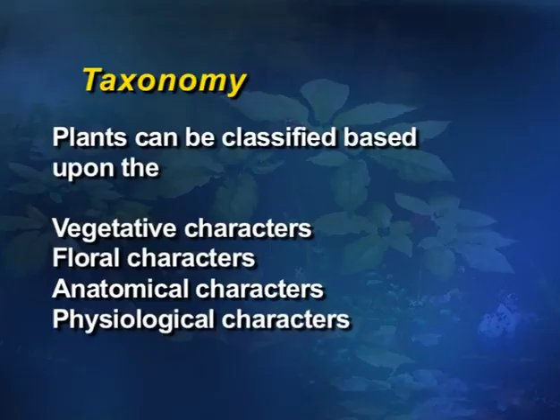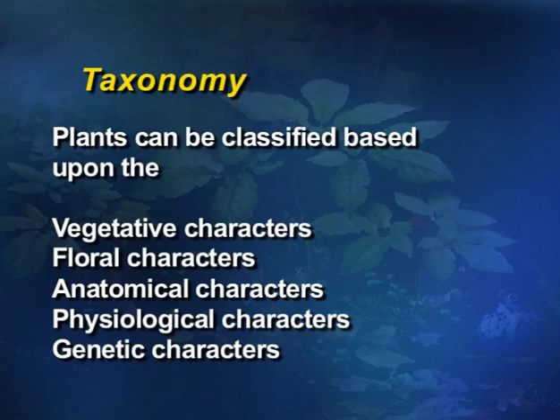So, depending upon these characters, the nomenclature identification is based upon the vegetative characters, I told you leaf, stem, root, floral characters, flowers, then anatomical characters, meaning inside the stem, inside the root, inside the leaf, then physiological characters. Physiology means what is happening, the process, how food material is prepared, how oxygen is taken, how carbon dioxide is taken.